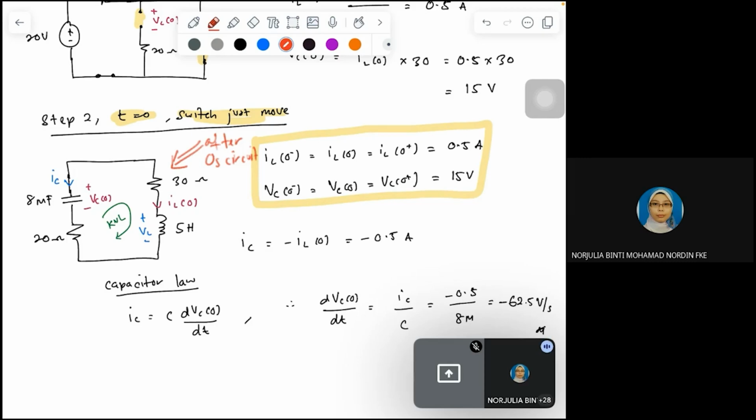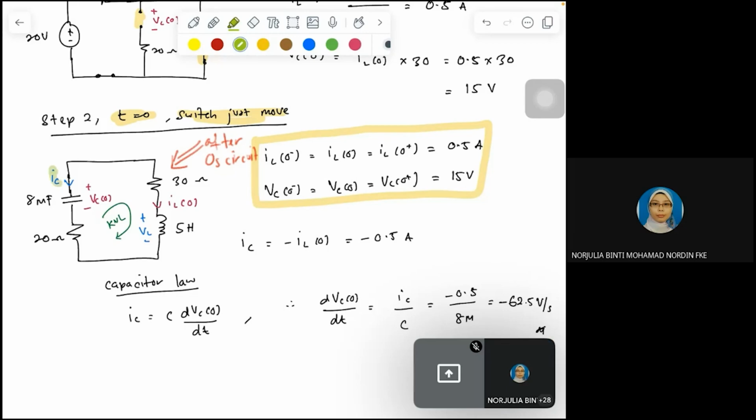At this moment you need to bear in mind that your capacitor is still holding its initial value from step one, and your inductor is still holding the initial current calculated at step one. At this stage, we need to find VL and IC. Let me highlight it with another color.